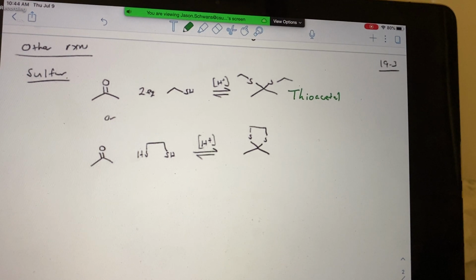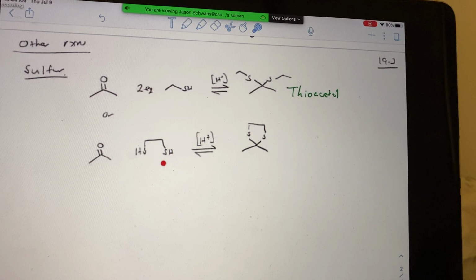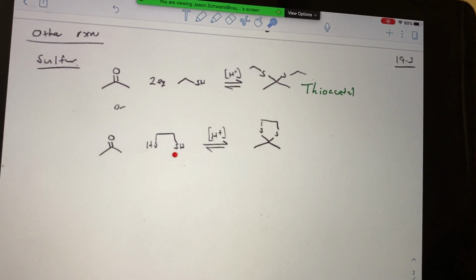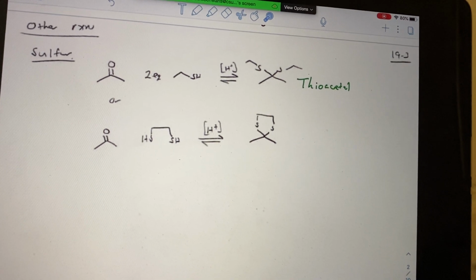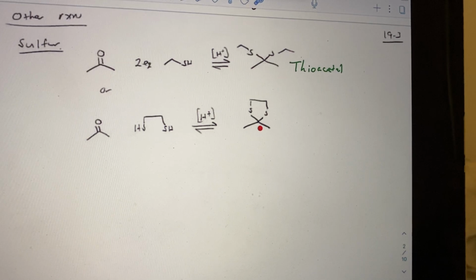And this is particularly useful because you can also use this foul-smelling ethane dithiol. Yeah, this one smells really bad, these sulfur reagents. But you can use it to react with a ketone to form, again, this thioacetal.